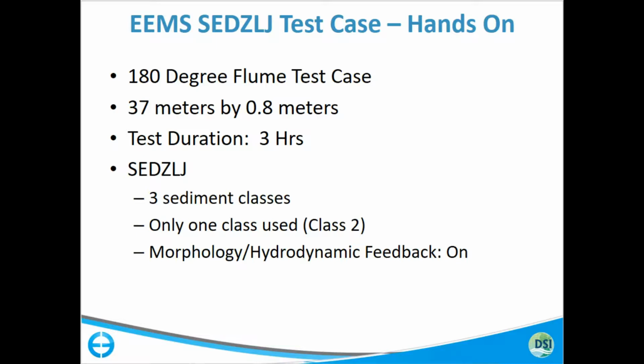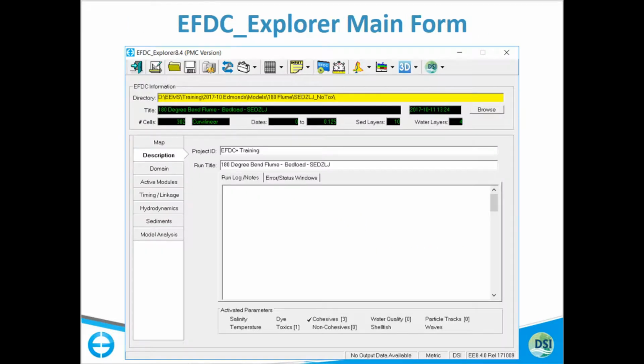And this particular test case has morphologic feedback turned on, but that's the nice thing. We can play around with it really quick, and we'll be able to see what's the impact when we add and subtract, or turn on and off, some of these options that are in the sediment transport model.